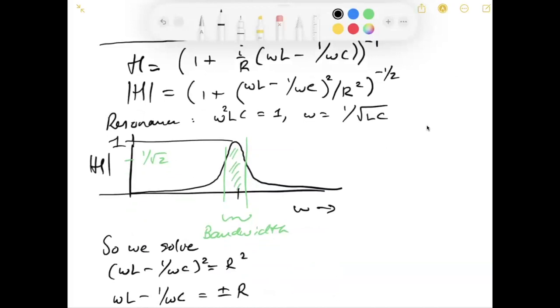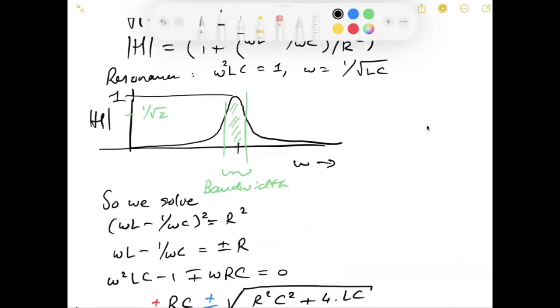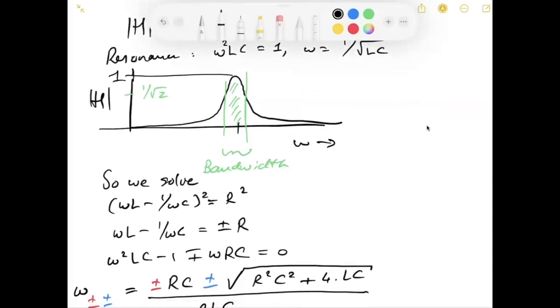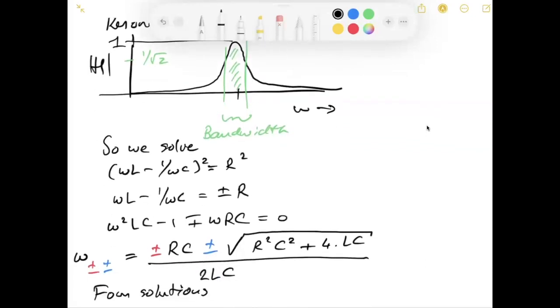So the solution we're looking for is where (omega L minus 1 over omega C) squared is R squared. You take the square root, but it's super important to pay attention to the fact that minus R could also be a solution. So put the plus minus there.